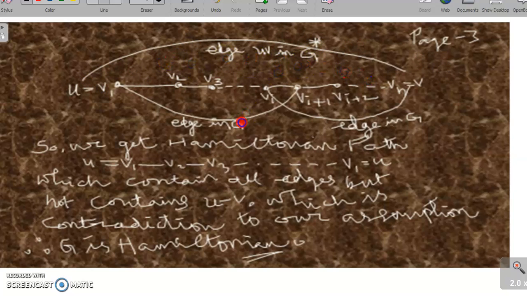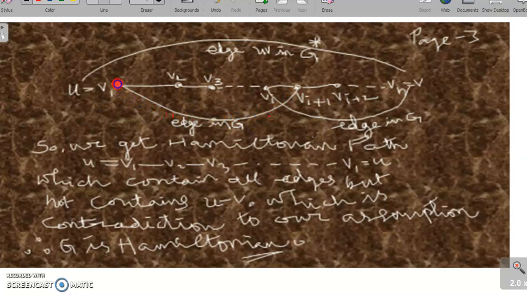Now look at this. I am starting here, then going here, then coming here, then going here, going here, then coming here. What do I get?